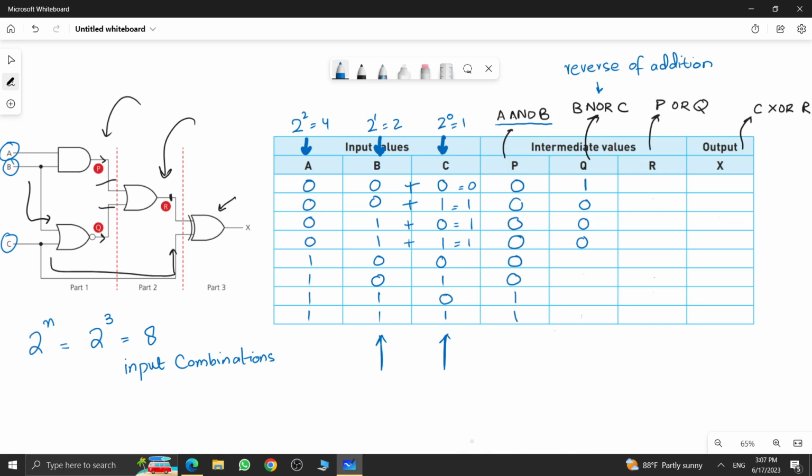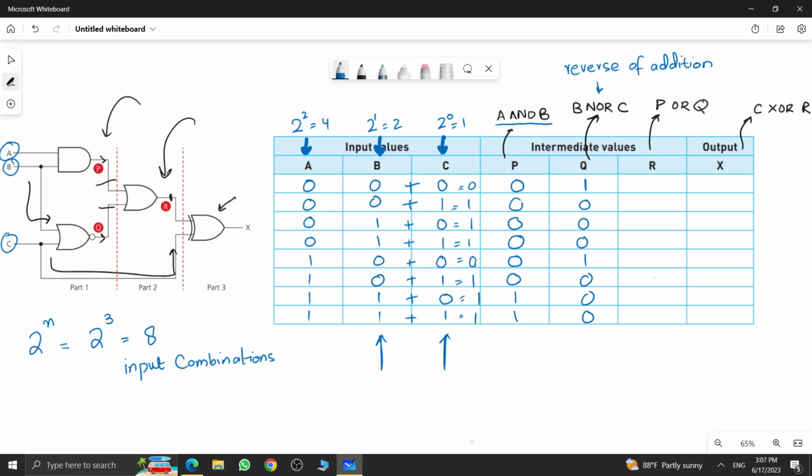Okay, 0 plus 0 is 0. We will make it 1. Then 0 plus 1 is 1. We will make it 0. Then 1 plus 0 is 1. Make it 0. You have to do it very carefully. Then 1 plus 1 is 1. We will make it 0.